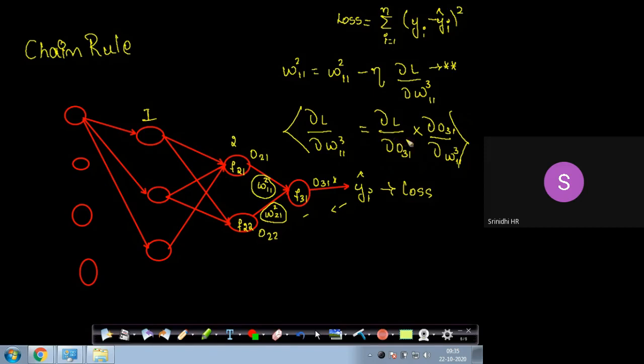Let's take a small example. Here O21, this is my weight, W11, updated with this particular thing. Sir, there it should be W power 3 11, right, sir? In going from F21 to F31, W power 3 should come, no sir? W power 3, 11, in the network, sir.